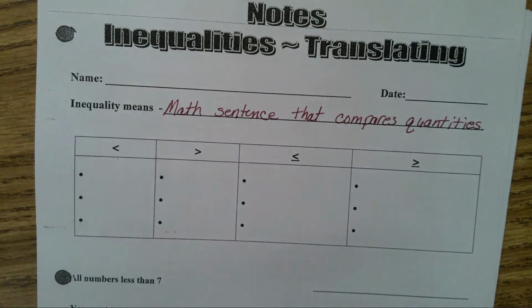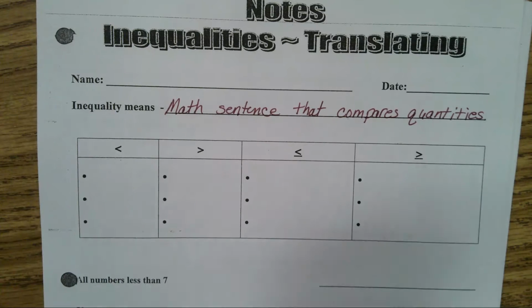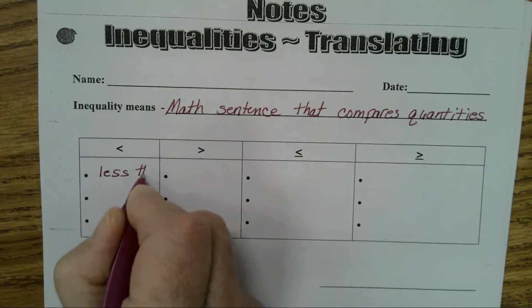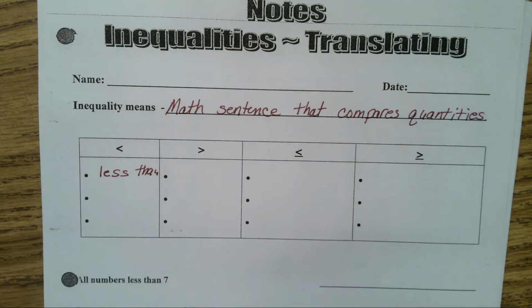Now, here we have, this symbol stands for less than. Let's see, what did your book have in it for the definition? Less than is fewer than. All right.